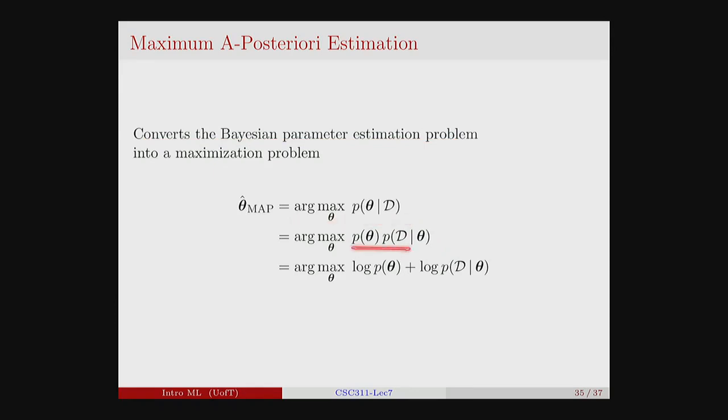And we're going to use Bayes' rule to point out that this is just the prior times the likelihood. And we're going to work with the logarithm of this equation because it's going to preserve the location of the MAP estimate. It's a monotonic transformation. So you get an argmax of theta over log p of theta plus log p of D given theta.